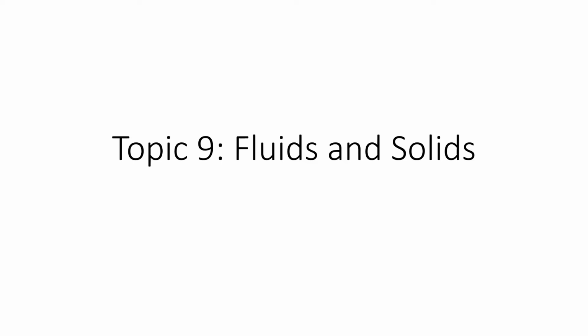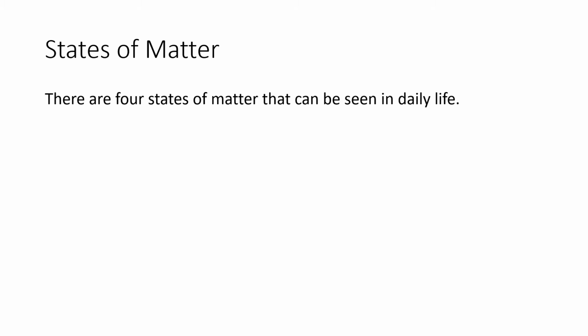To start out, we need to look at the states of matter. So all objects, all physical things have mass, but how is that mass arranged? These are called states of matter, and they're going to be one of 4 things that we'll see in daily life. There is a 5th one we don't see in daily life. We probably already know the first three.